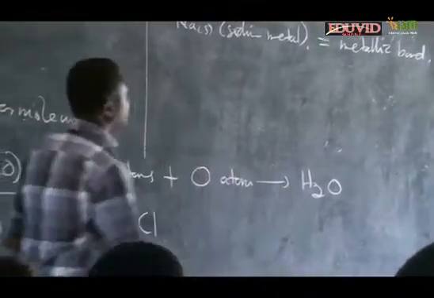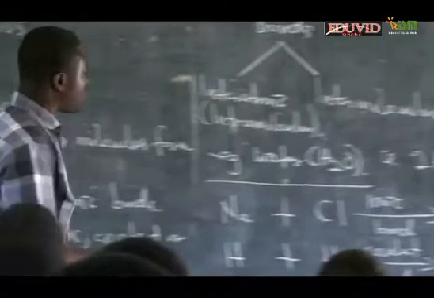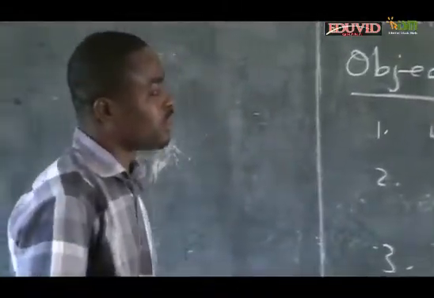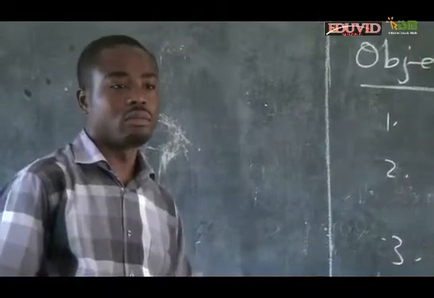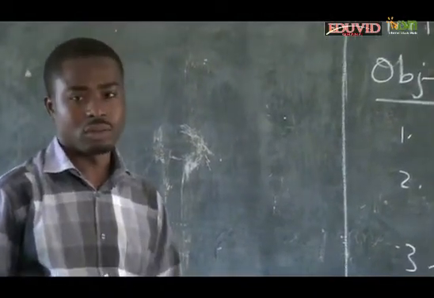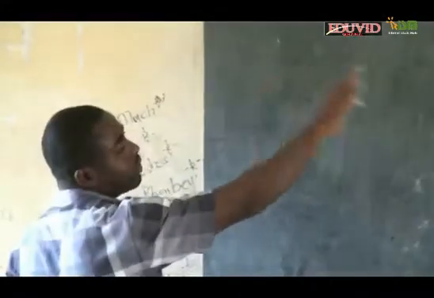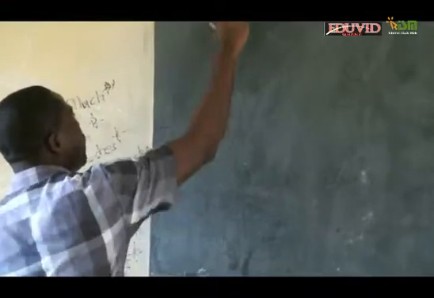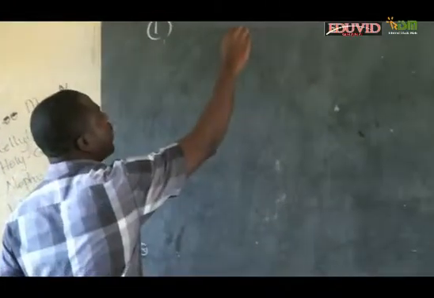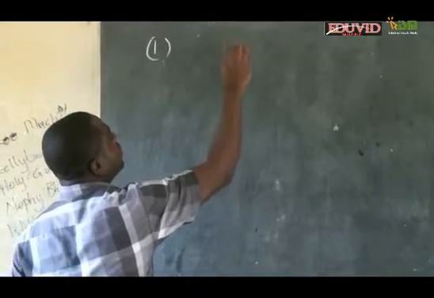Right. So the three main forms of the interatomic bonds we want to discuss today are the ionic bond, which is also known as the electrovalent bond, the covalent bond, and then the metallic bond. Now, to illustrate all that we just said, let's see the first one. If you take the sodium ion, it has a nucleus.